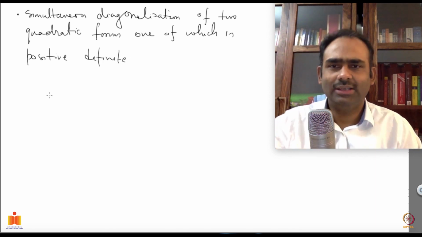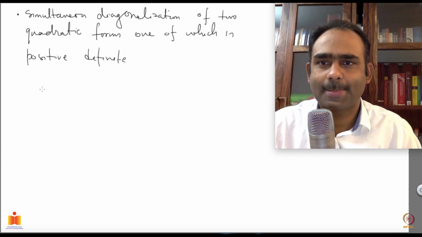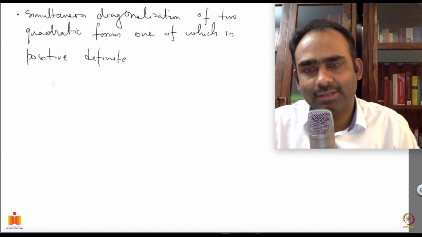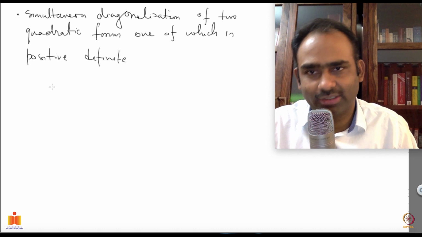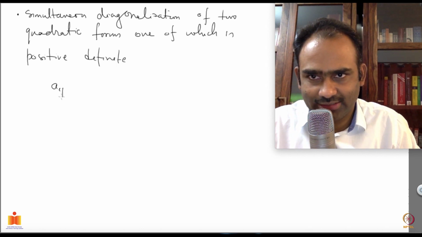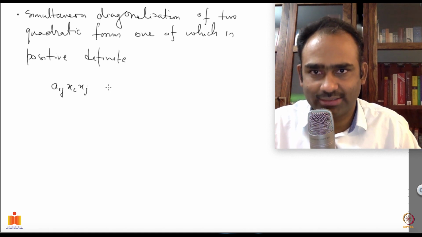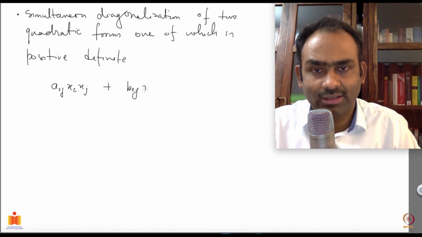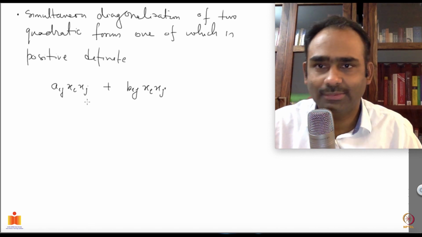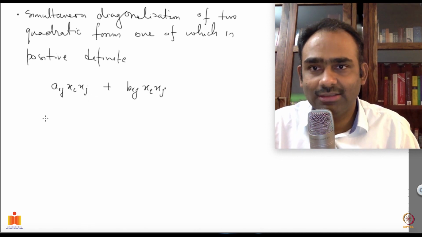So let's say you have the following. Let's say you are given two quadratic forms, aij xi xj, with a summation over i and j, running from 1 to n, plus another quadratic form bij xi xj, again with a summation.